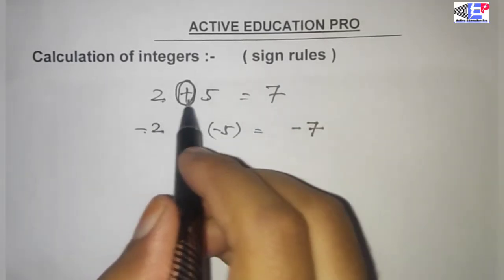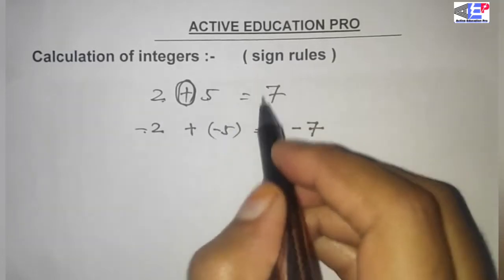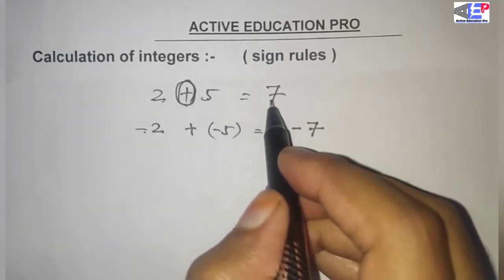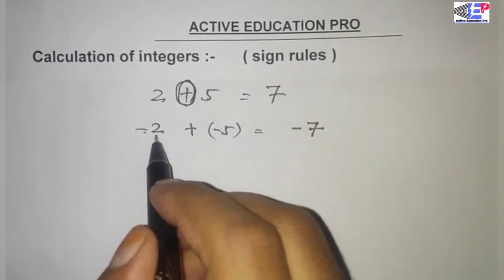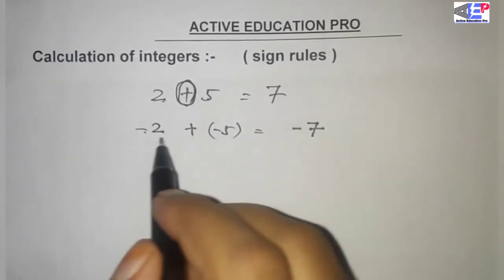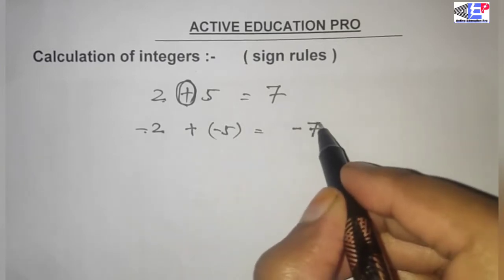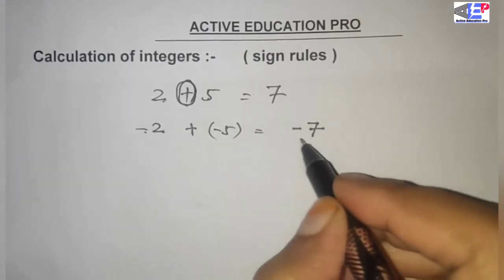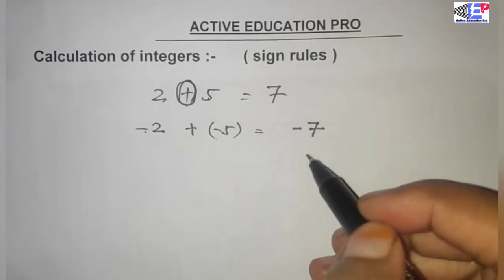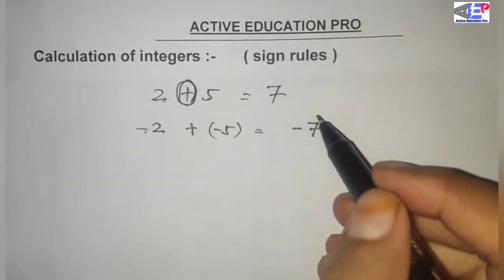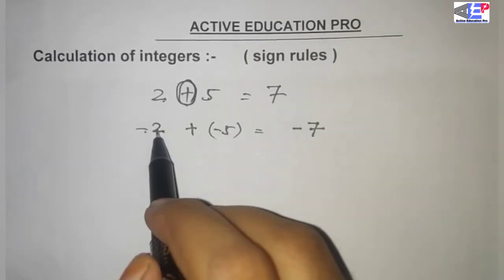Here 2 and 5 are both positive integers, so the result is a positive 7. Similarly, minus 2 and minus 5 are both negative integers, so minus 7 is the answer, a negative integer. In both these cases we added two integers.